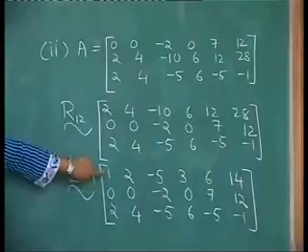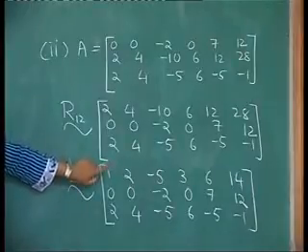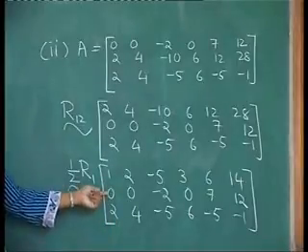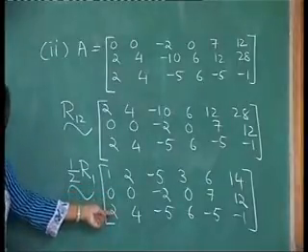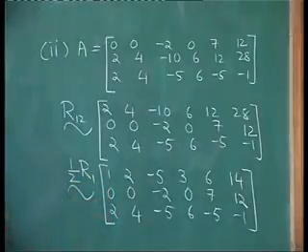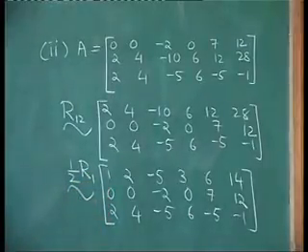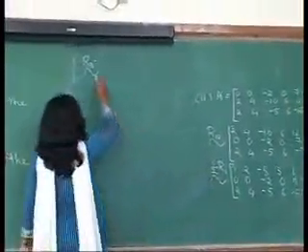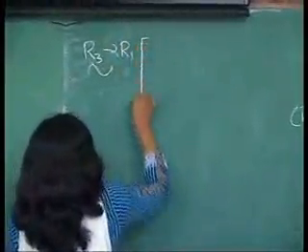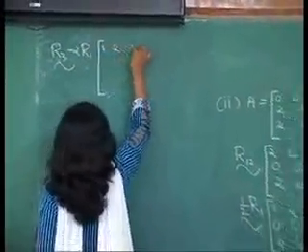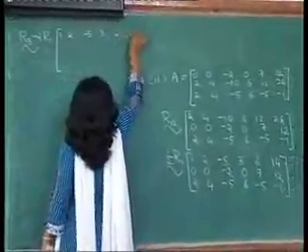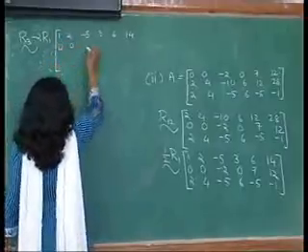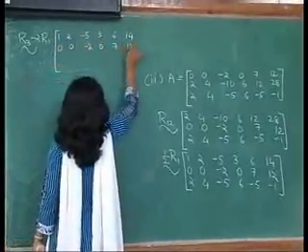After getting a leading one in the first row, the next step is to bring zeros below that. I already have a 0 in the second row, so I need a 0 in this position. To get a 0 in this position, the transformation that I will require is R3 minus 2 R1, since this is in the third row, use the opposite sign. So I'll get 1, 2, minus 5, 3, 6, 14. First row remains as it is. Then second row is 0, 0, minus 2, 0, 7, 12.